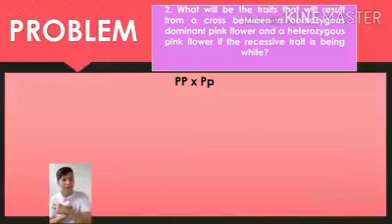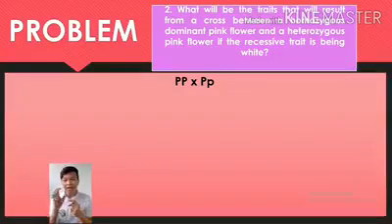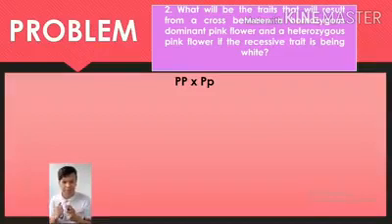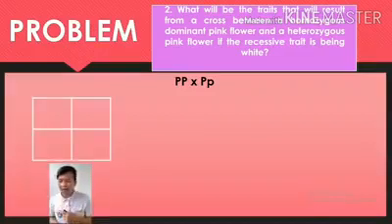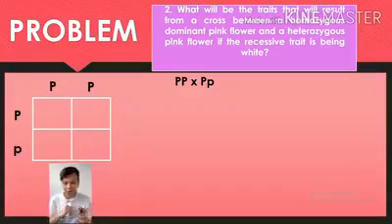Because again, whenever we say heterozygous, these are composed of two different alleles. These are our parents. We'll be crossing two capital letter P's against one capital P with small letter p. Going back to the Punnett square, we have two capital letter P's above and one capital letter P, small letter p at the side of our square.